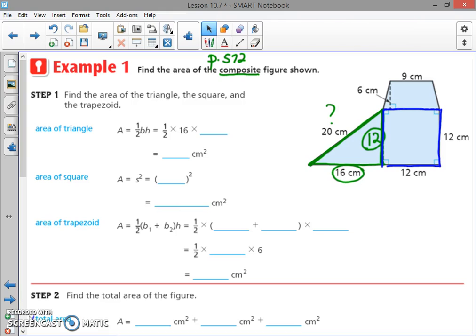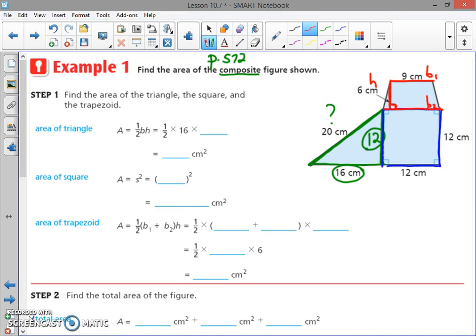Okay, and then when we look at this figure, we have one set of parallel sides, folks. This side and this side will cross at some point, but the parallel sides will never cross. And remember, the sides that are parallel to each other are our bases, base 1 and base 2, and we know the dotted perpendicular line is our height.